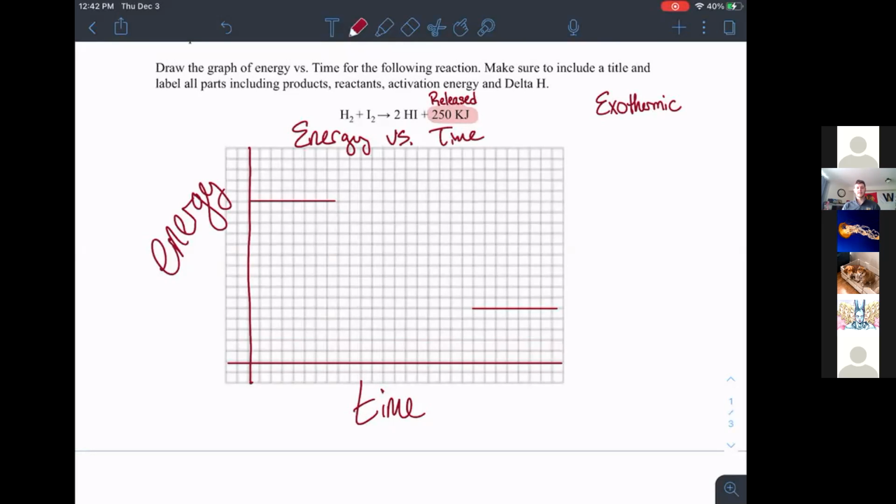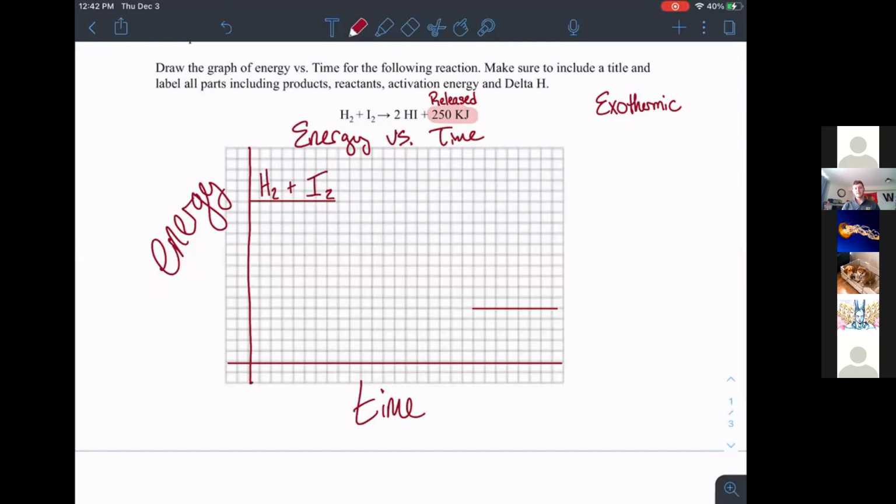All right. On my reactants line, do I have to put anything? Am I done? Label your reactants at the top. So I'm going to put my H2 plus my I2. All right.